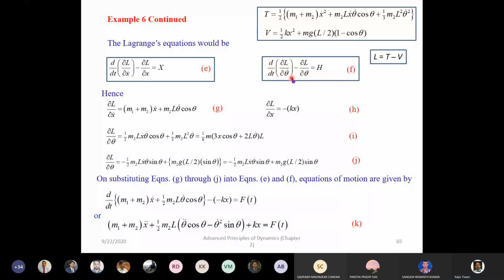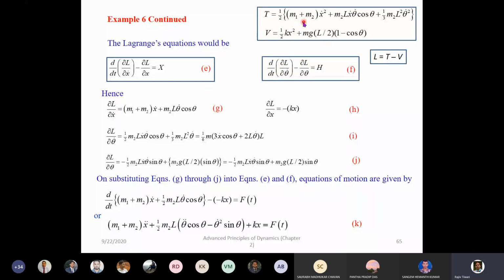Now, because L is defined as T minus V, kinetic energy minus potential energy, we need the various terms to be differentiated, like del L by del x dot.